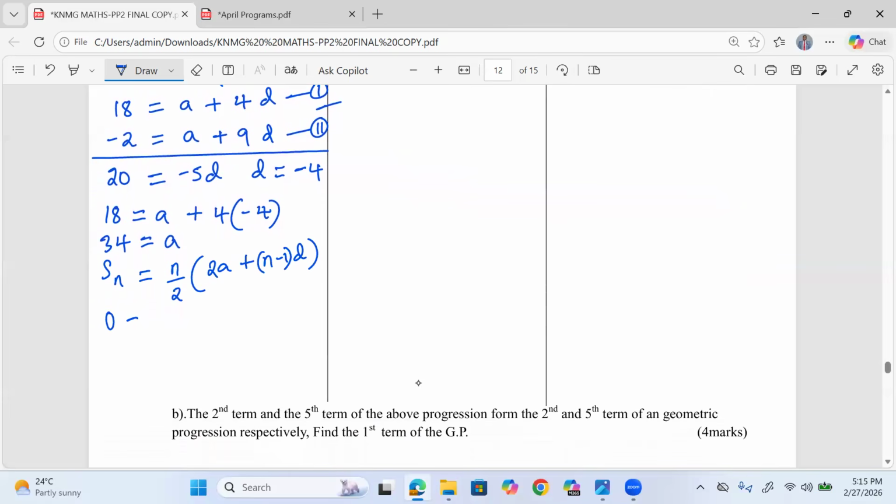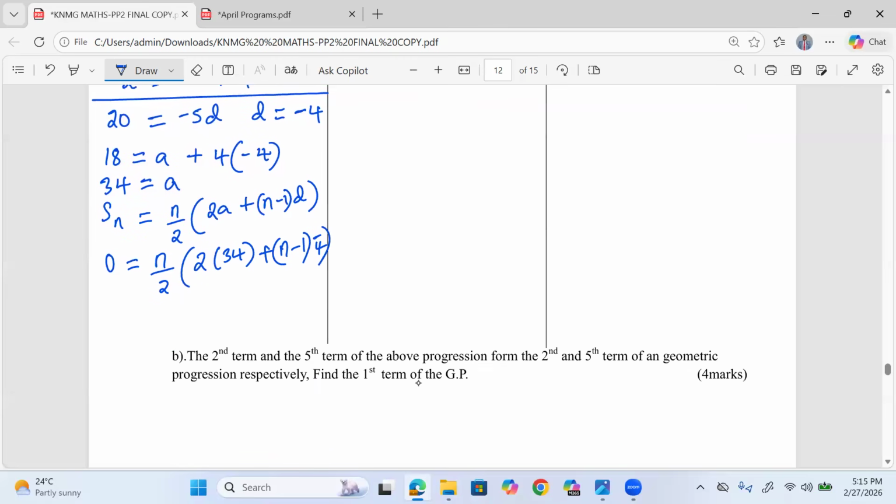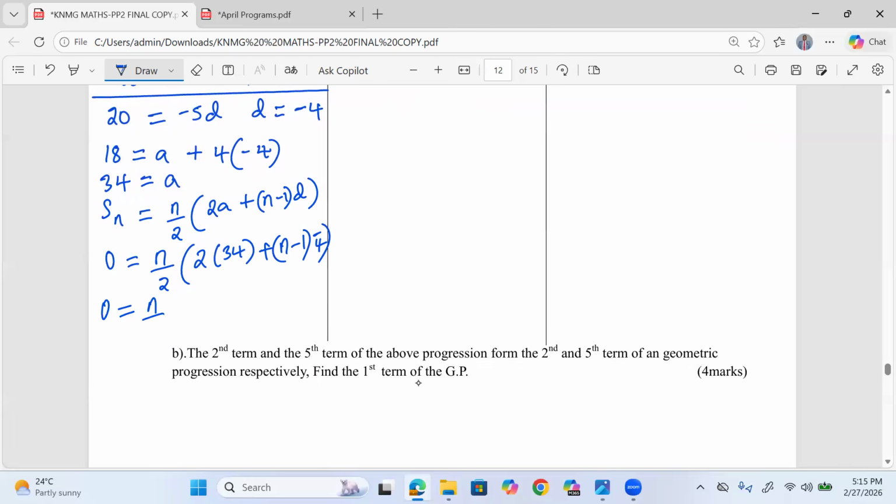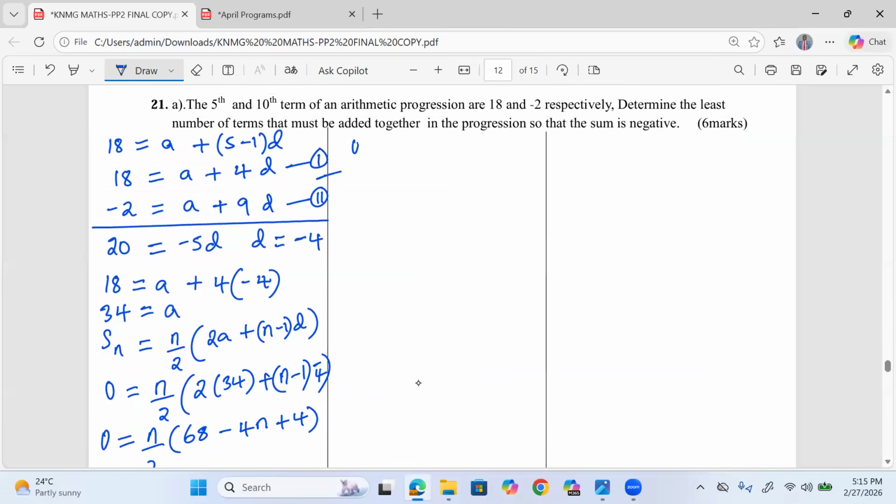Now we need a sum of 0 equals n over 2 into 2 times a, where a is 34, plus n minus 1 multiplied by negative 4, which is our d. 0 equals n over 2 into 68 minus 4n plus 4. It becomes a positive, yeah.